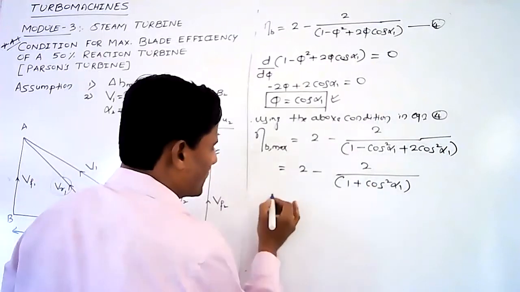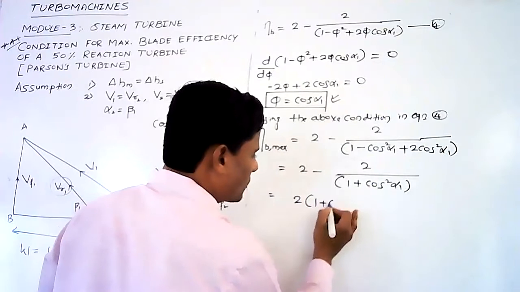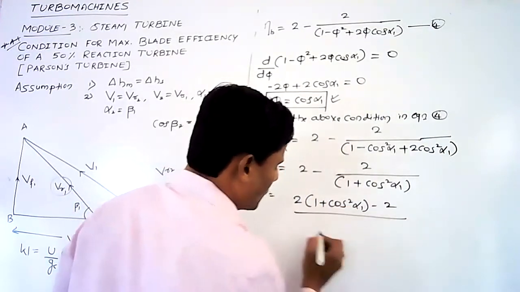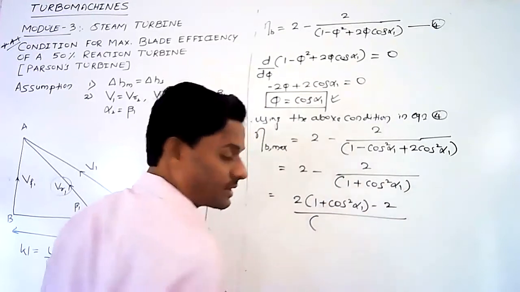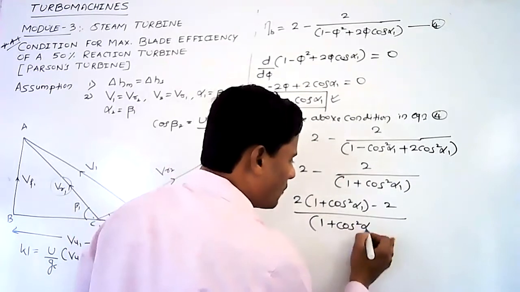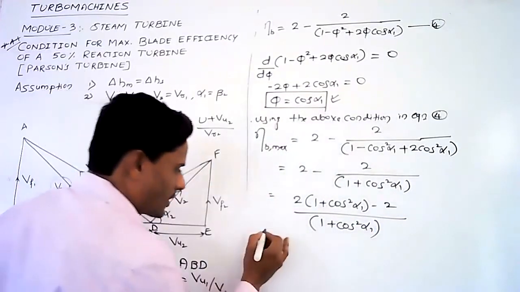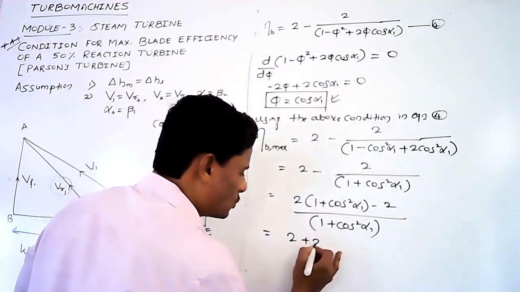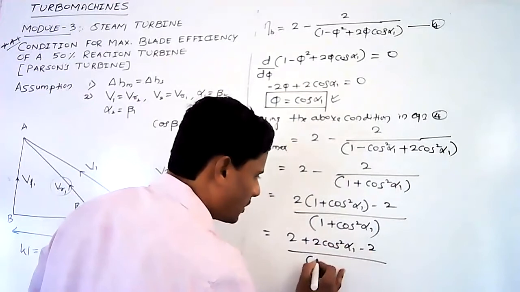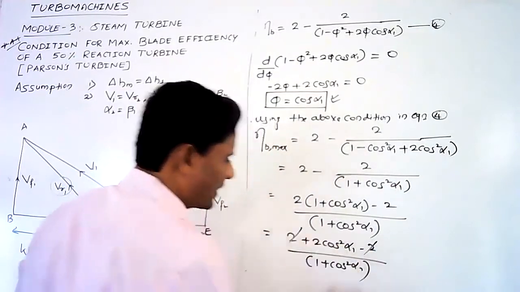So take this term as LCM. I can write 2 times 1 plus cos square alpha 1 minus 2 as it is, divided by 1 plus cos square alpha 1. Simplify this equation: 2 plus 2 cos square alpha 1 minus 2 divided by 1 plus cos square alpha 1. The 2 minus 2 will get cancelled.